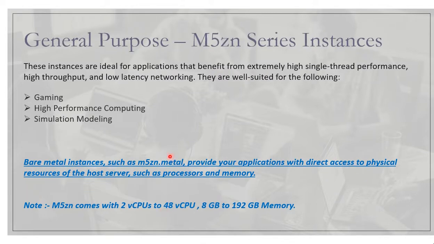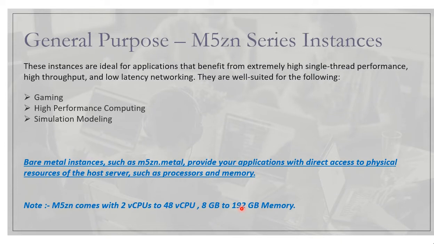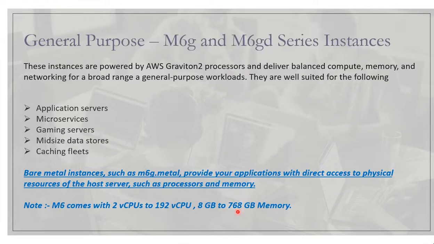Now let me go back to my previous slide. So how many virtual CPUs do I have for M5Z? 48, right? Now M6G, we have 192 virtual CPUs. So if you want to create a very high-end gaming server with more number of CPUs, which is not present in M5Z, we'll go for M6G, right? Also the memory size. M5Z, if you see, is 192 gigabyte. Here we have 768 gigabyte of memory, right?